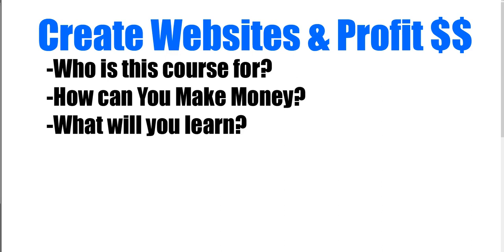ClickBank's a huge online marketplace that has tons of products created by other people, and once you sign up you can promote anybody's product. I believe the minimum commission they can pay you is about 55% or so on whatever you sell.